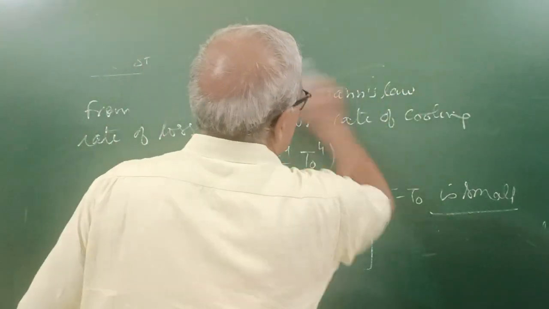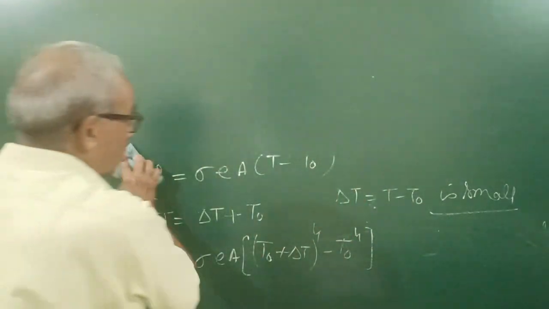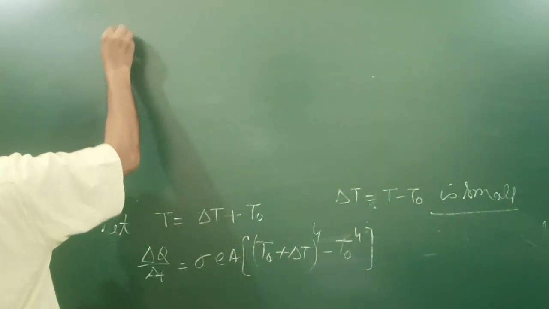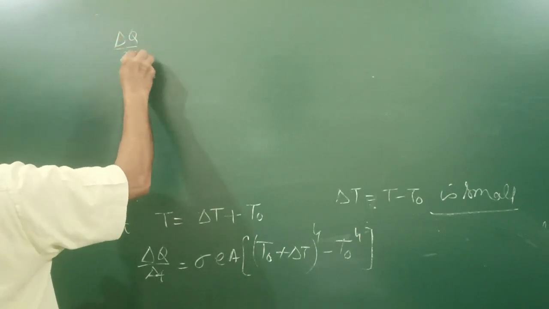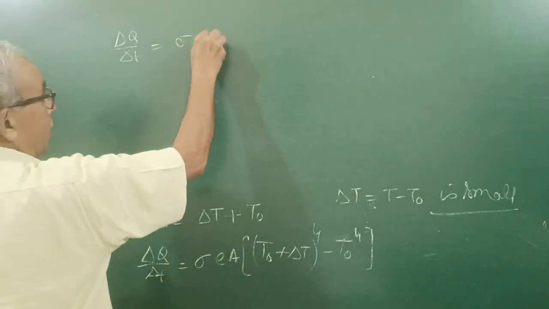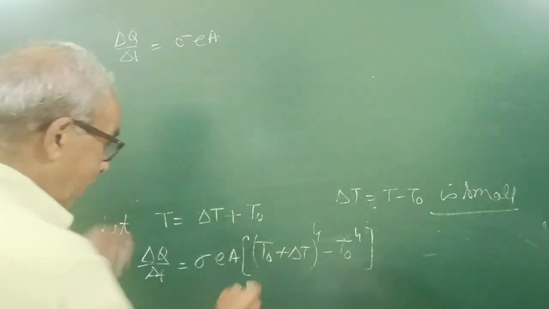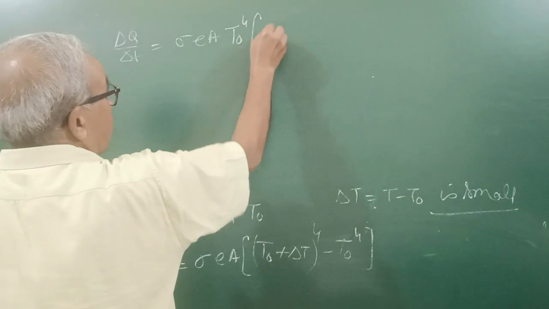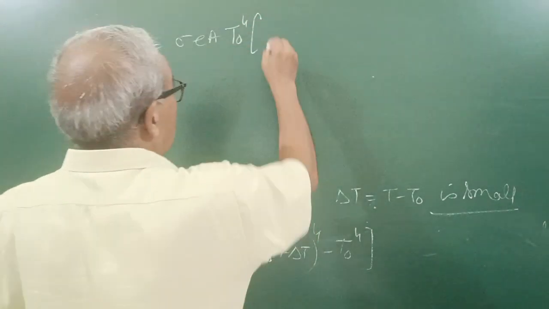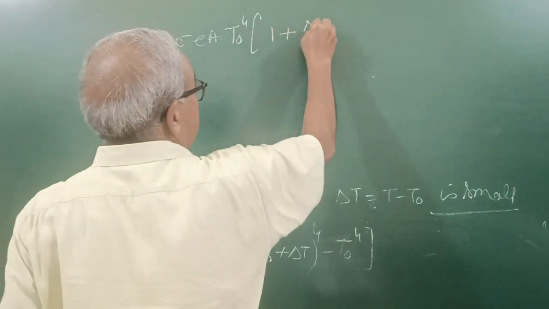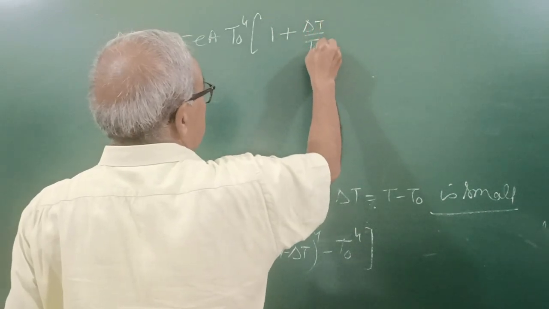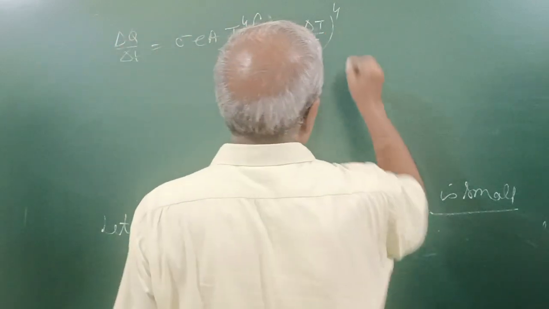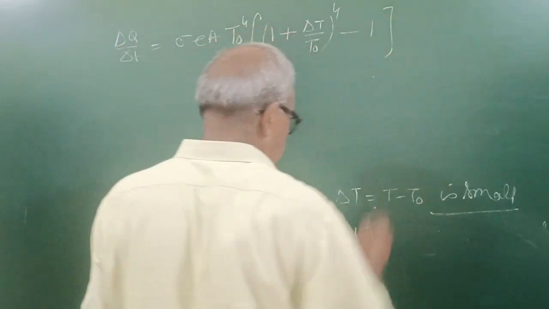or delta Q upon delta t equal to sigma E A. I take T0 to the power 4 common, so here it will be (1 plus delta T upon T0) to the power 4 minus 1.